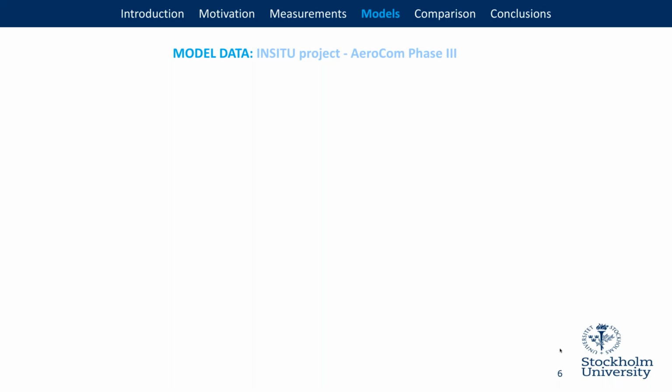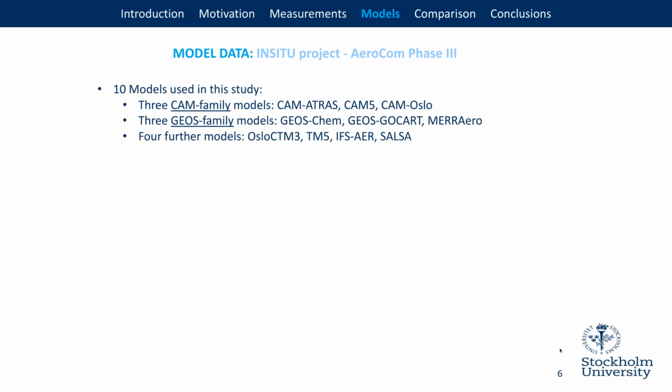And for the models, we'll be using 10 models that we have divided into what we call the CAM family models, which includes CAM-ATRAS, CAM5, and CAM-Oslo; the GEOS family models, which includes GEOS-Chem, GEOS-GOCART, and MERRA-Aero; and 4 further models called OsloCTM3, TM5, IFS Aerosols, and SALSA.